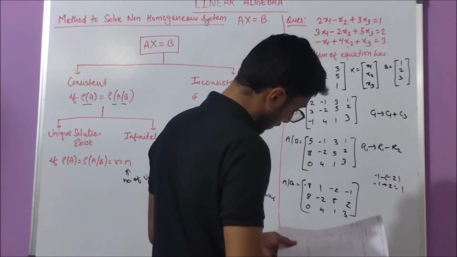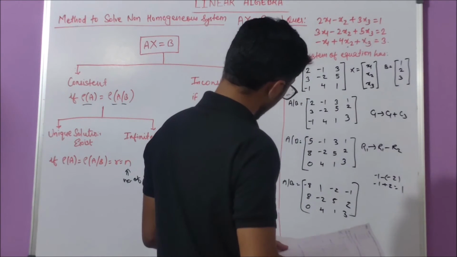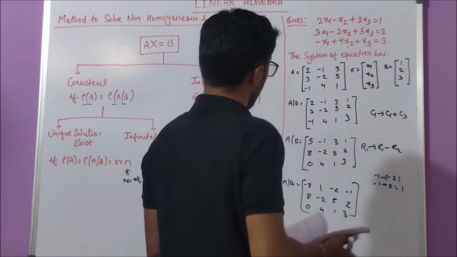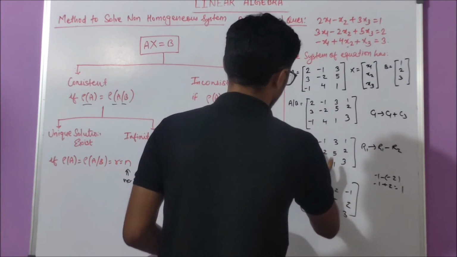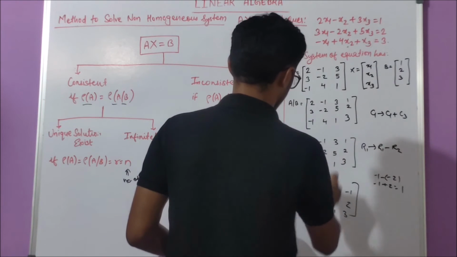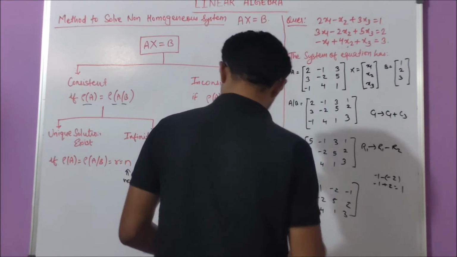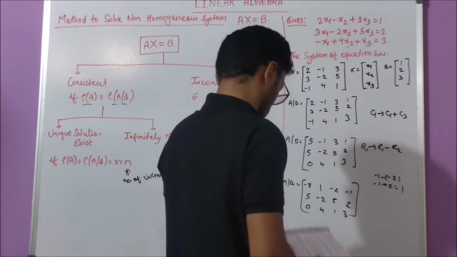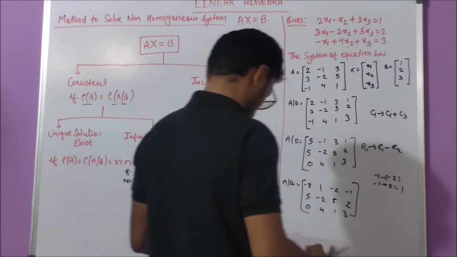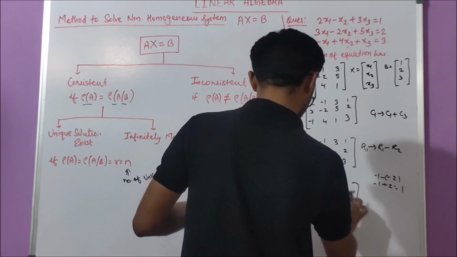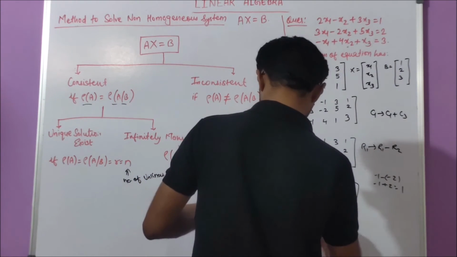Okay, let me confirm it. I have made some mistakes. 3 plus 2 is 5 here, right? So here this will become 5 and it will become 0. So the matrix is 0, 1, minus 2, minus 1, 5, minus 2, 5, 2, 0, 4, 1, 3.